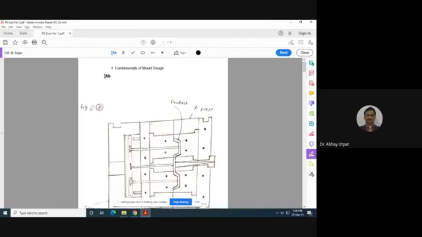The title of the experiment is Fundamentals of Mold Design. Now, what are the contents of this experiment, what is covered, and what is the outcome of experiment number 1? See, every time whenever I start any chapter or any experiment, I always tell the outcome.